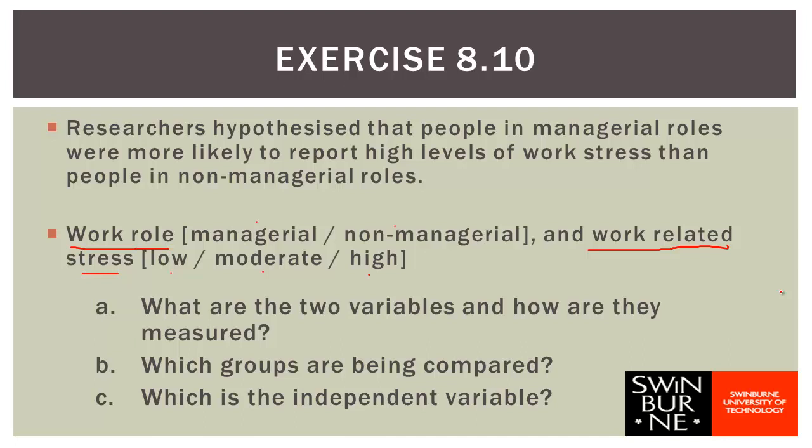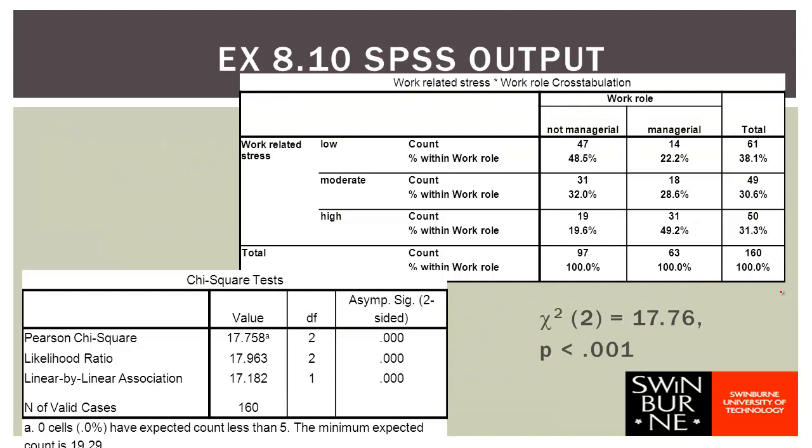So the work role is the one that affects the work stress. Therefore, the work role is the independent variable, and the stress is the dependent. So let's have a look at our output.